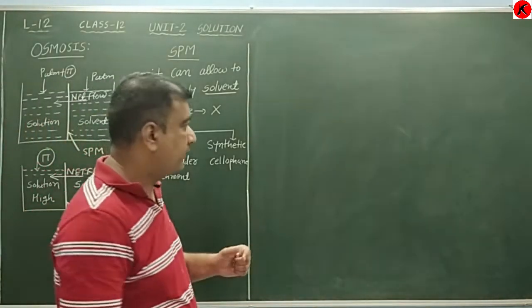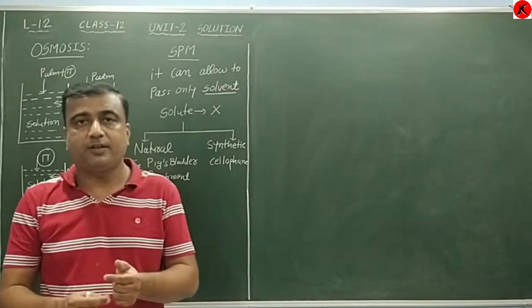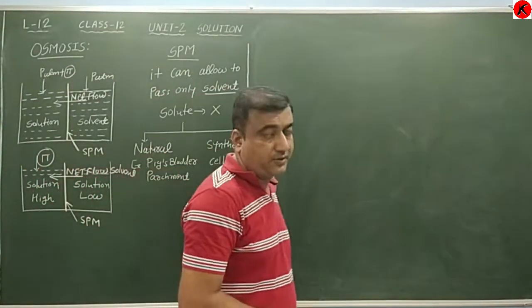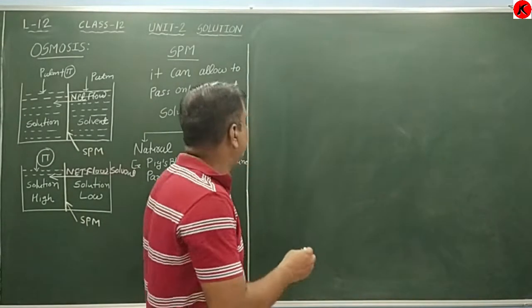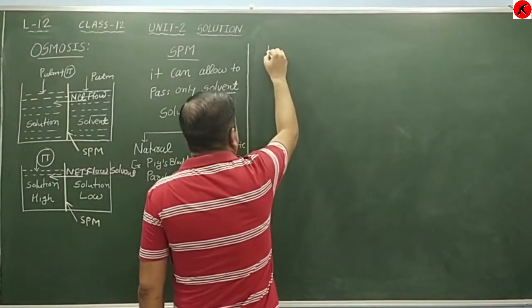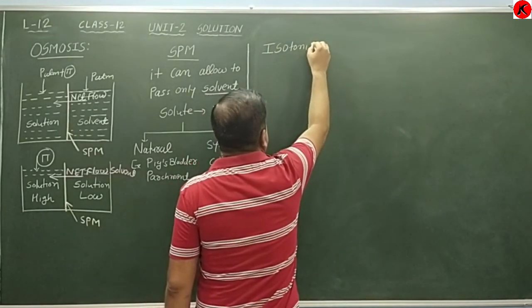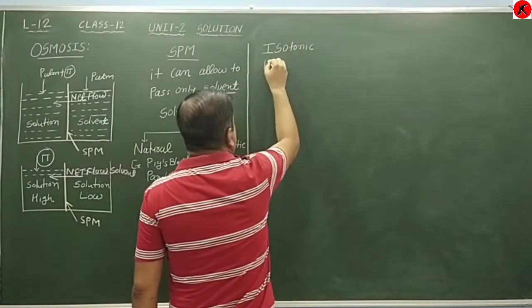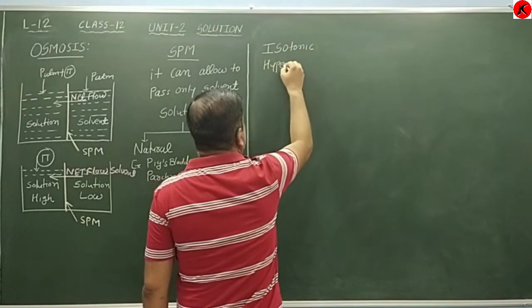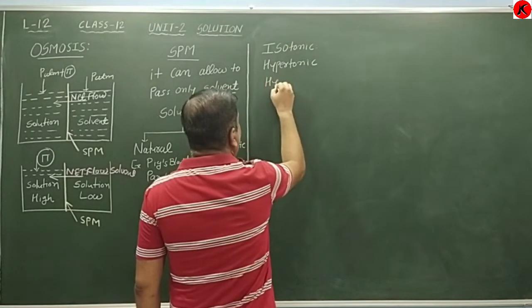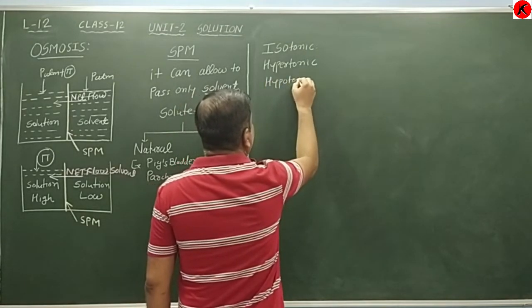Based on osmotic pressure, solutions can be classified into three categories. The first one is isotonic solution. Second one is hypertonic solution, and third is hypotonic solution.